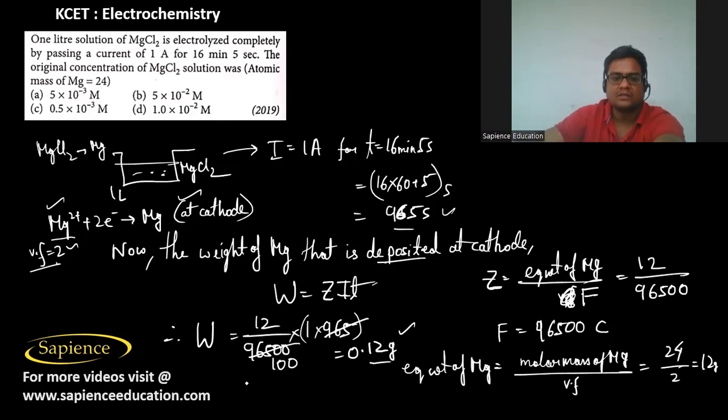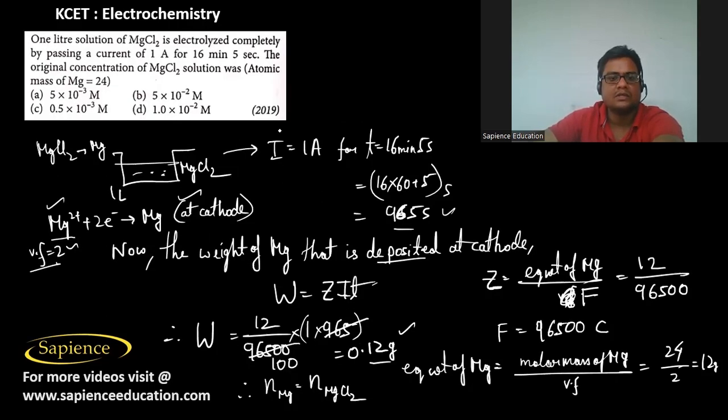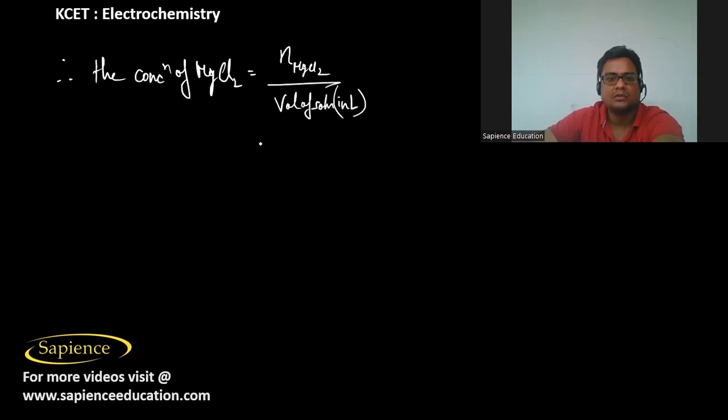So the number of moles of Mg will be the same as the number of moles of MgCl2. So the concentration of MgCl2 is the number of moles of MgCl2 by the volume of the solution in liters. Now the volume of the solution is 1 liter only, and the number of moles of MgCl2 is the same as the number of moles of Mg, divided by 1 liter.